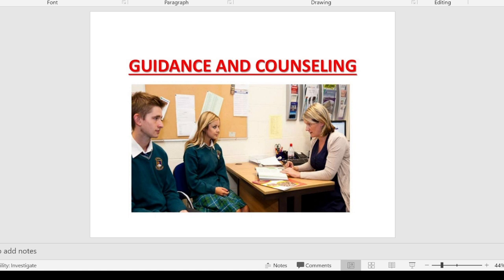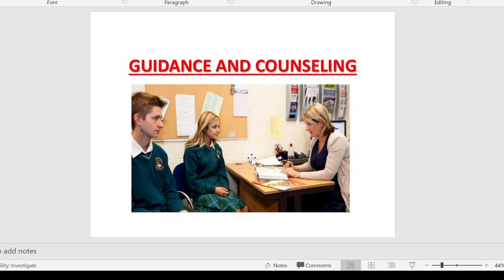It's a very important question, several times asked, a 15 marks question. So I would like to start with guidance and counseling. When I speak about guidance and counseling, these two have different meanings. The image itself is showing this very clearly: whether you are giving some suggestions for a particular problem or you are giving some common solutions.